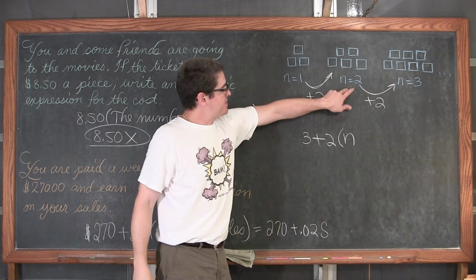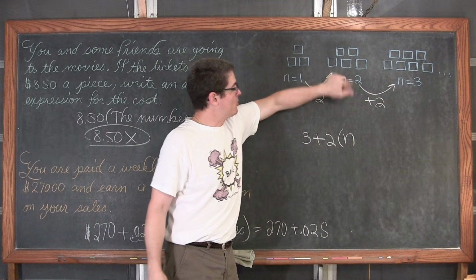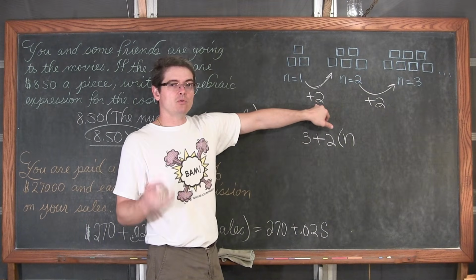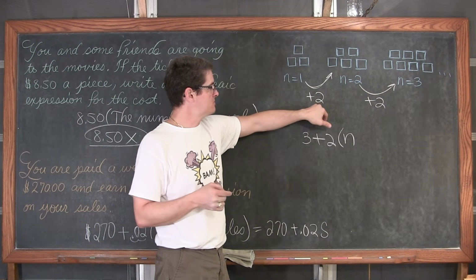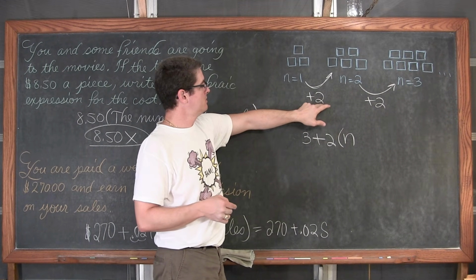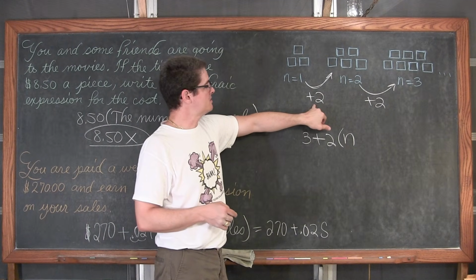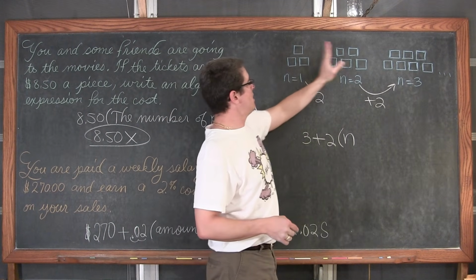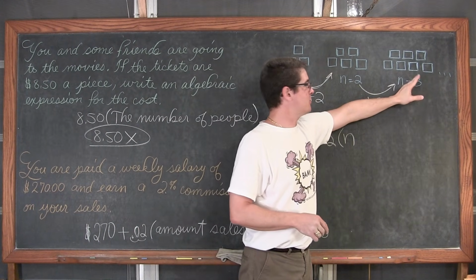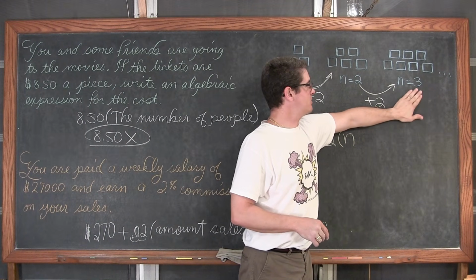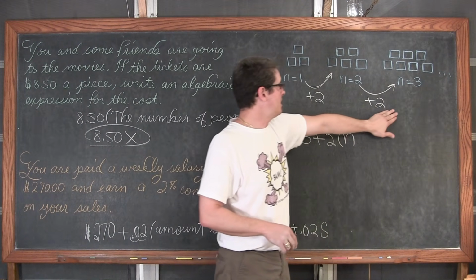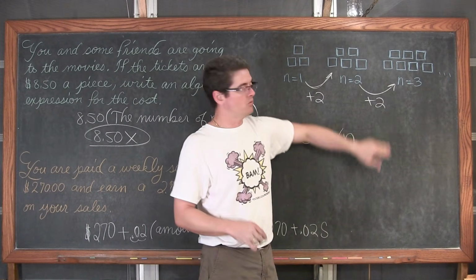So when n is 2, to get to the second grouping, I've added by 2 only once. Then we get to the third grouping, the third picture, and when n is 3 based on that label, I've only added by 2 twice.